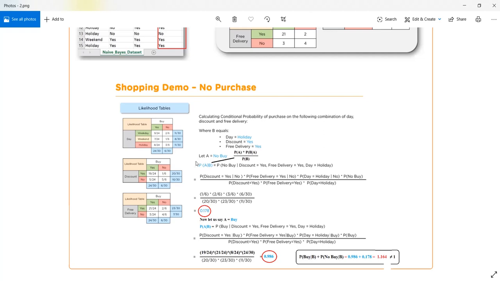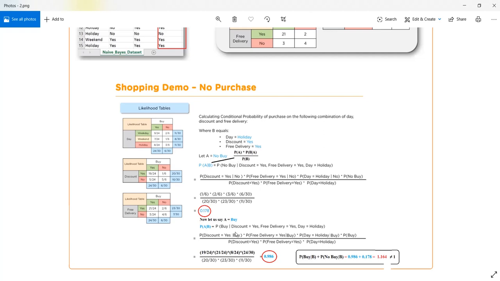I hope you have understood these calculations, and the significance of the likelihood as well as the frequency table, why we converted the data set into a frequency table and then a likelihood table. Why didn't we go for direct calculation from the data set? Because this is quite tedious, counting and all those things. So this is one thing.